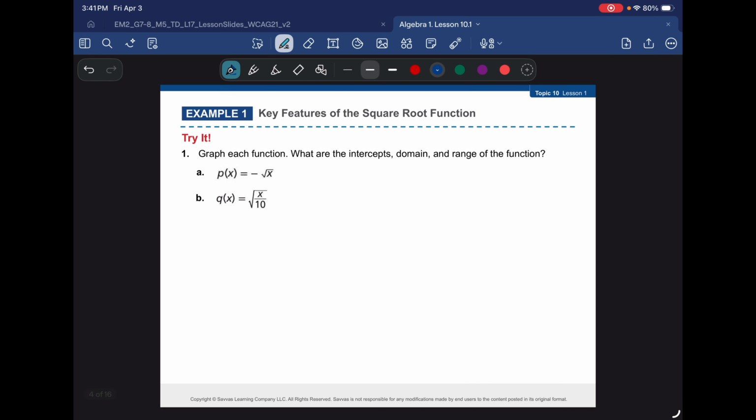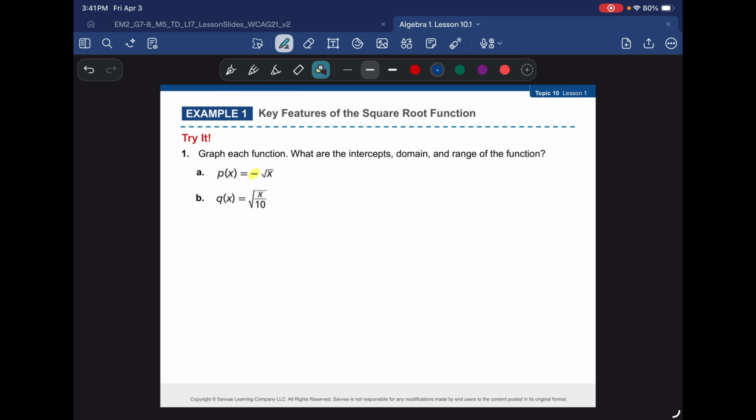So what would the graphs look like of these functions with slight changes? If we remember our transformation rules from previous functions in earlier topics, we remember that if there is a negative in front of the function, that means it's the opposite. So it is reflected over the x-axis.